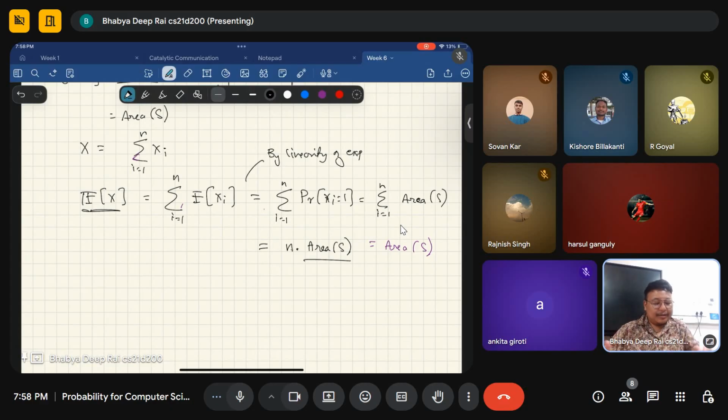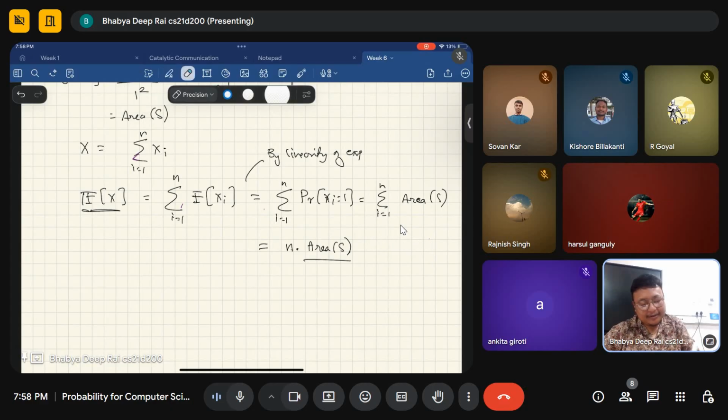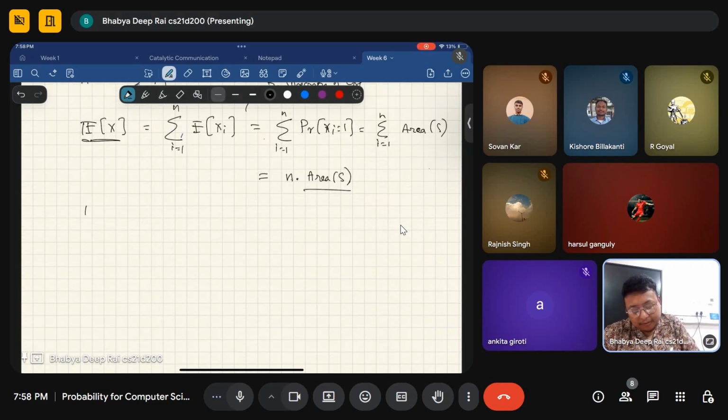Okay, this we have, right? So what do you do? You run, okay, sample. So here's the algorithm. Sample x comma y in the 0 1 square n times.